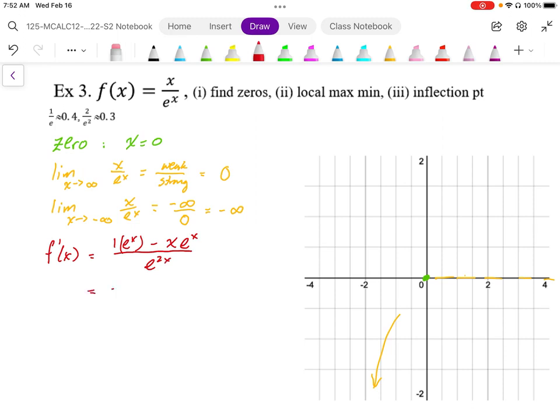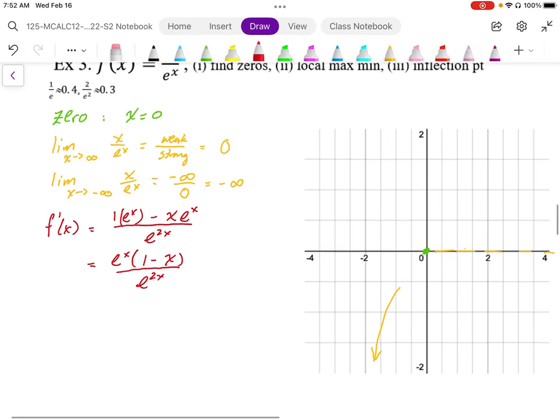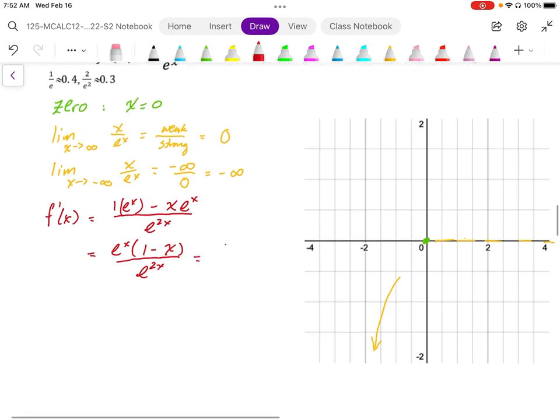We can simplify this by factoring out the e, and then we can cancel that extra e factor in the numerator and denominator. So we end up with 1 minus x in the numerator over e to the x in the denominator.